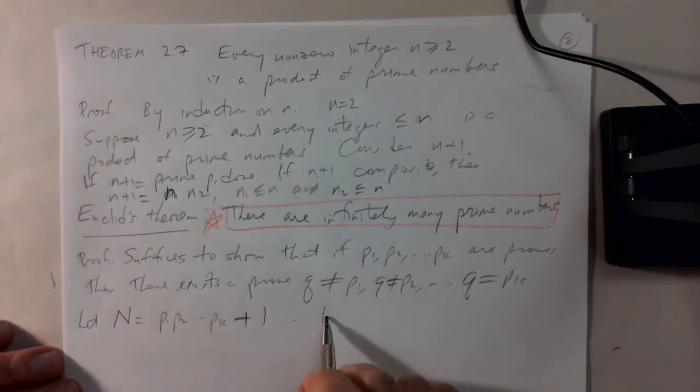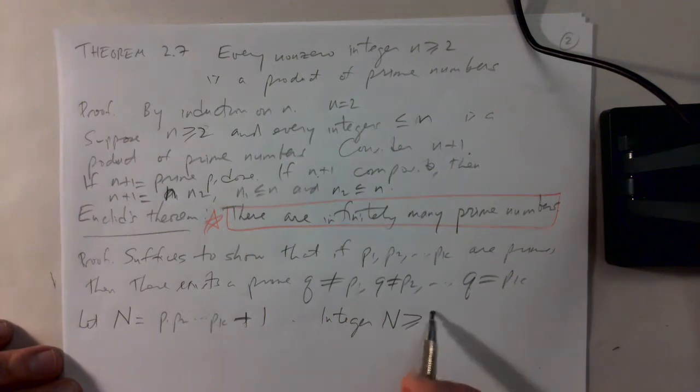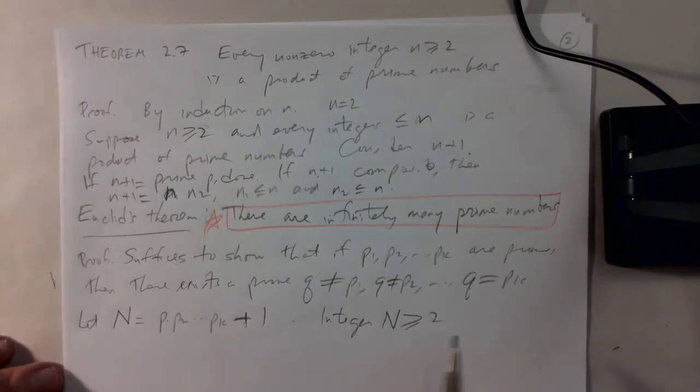So we have an integer N greater than or equal to 2, and every integer is a product of primes.